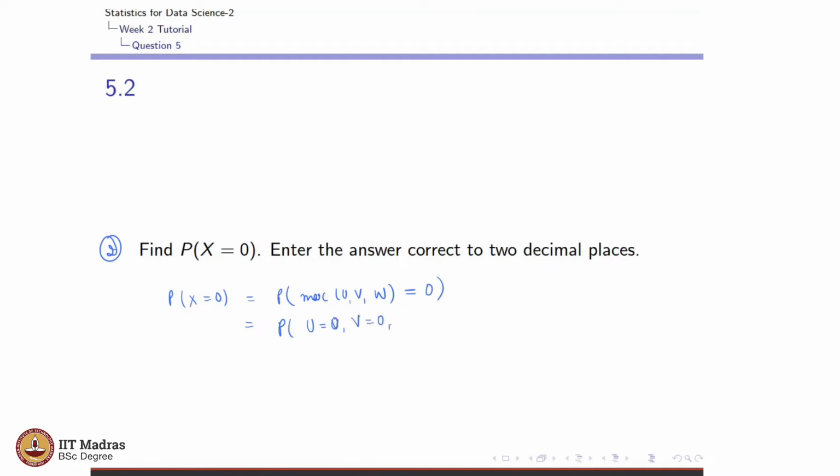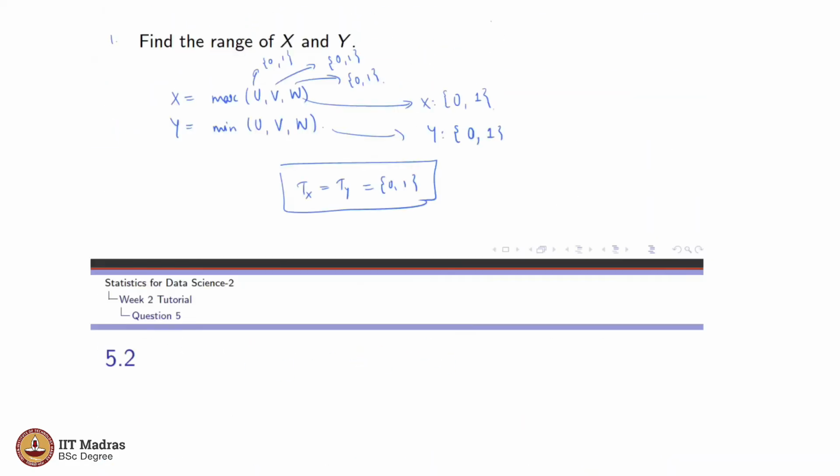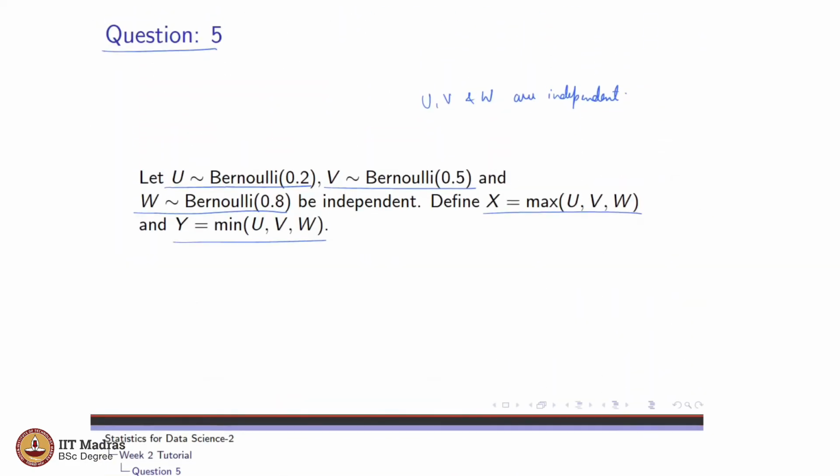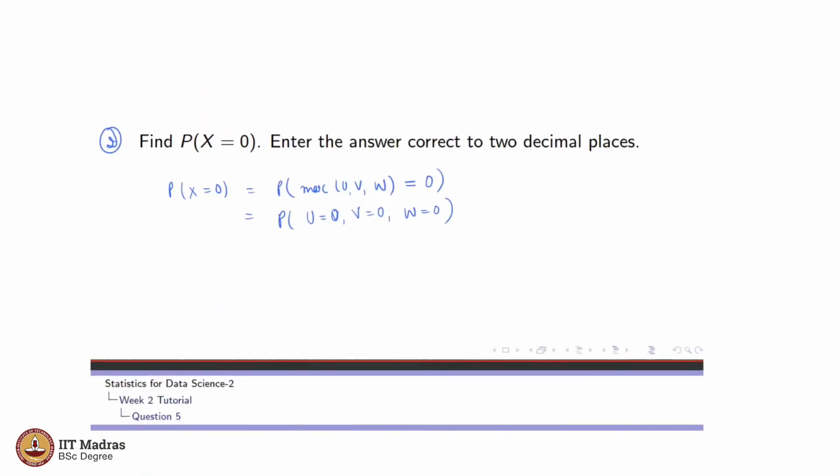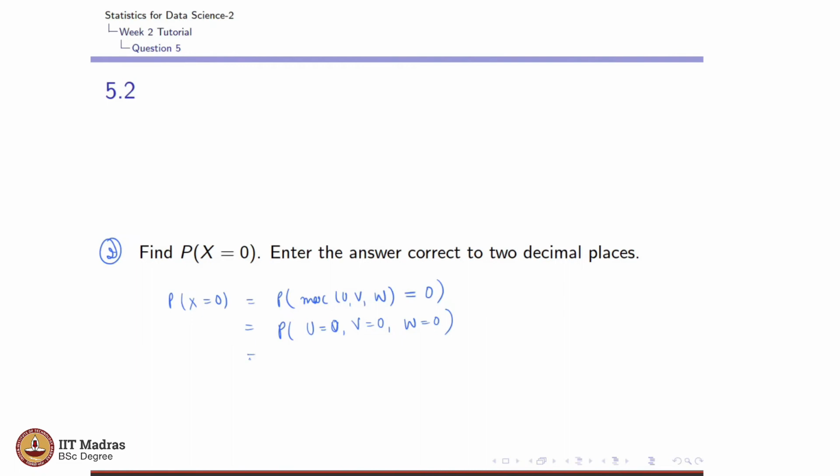So U equals 0, V equals 0 and W equals 0. Since U, V and W are independent, this equals P(U=0) times P(V=0) times P(W=0).